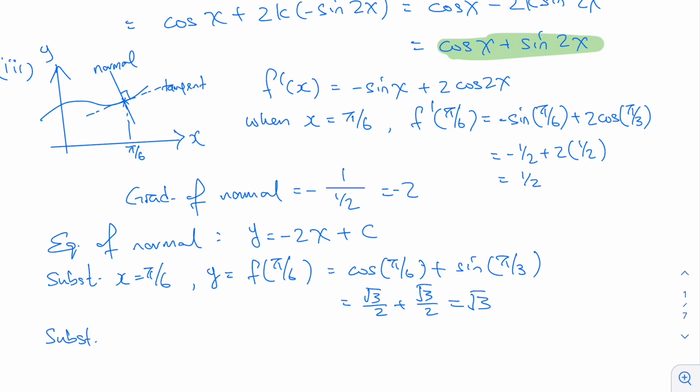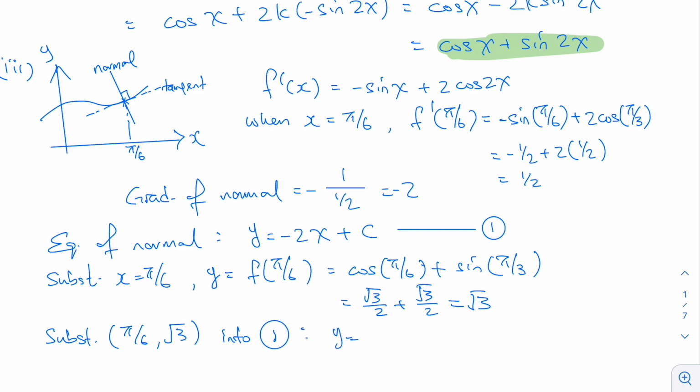So now that we have the coordinates, x is pi over 6, y is root 3, substitute into the equation of the normal, into equation 1.